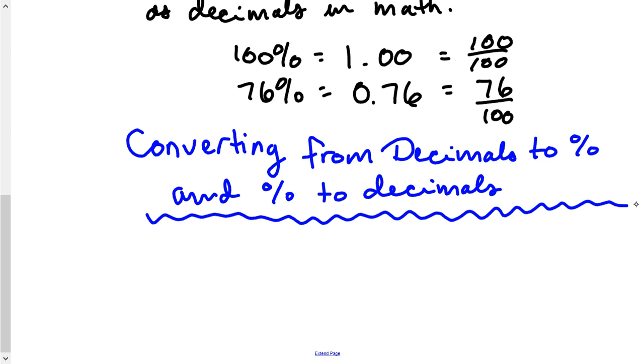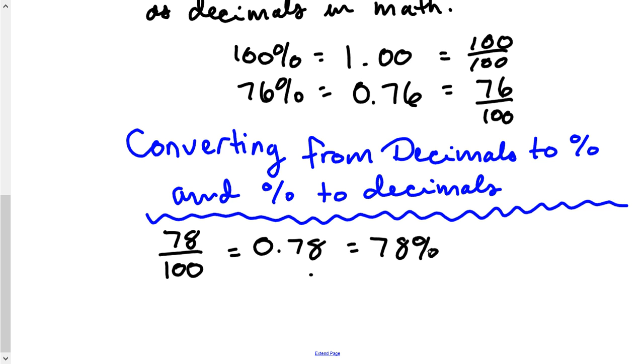When we have a fraction out of 100, it's really easy to do. So, like I said, if it's 78 over 100, it's just 0.78, which is equal to 78%.